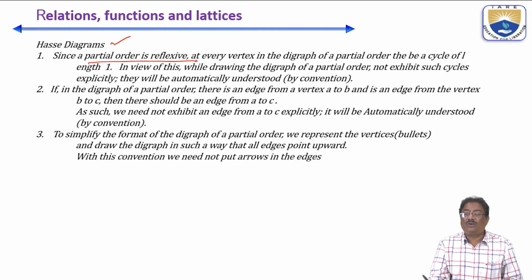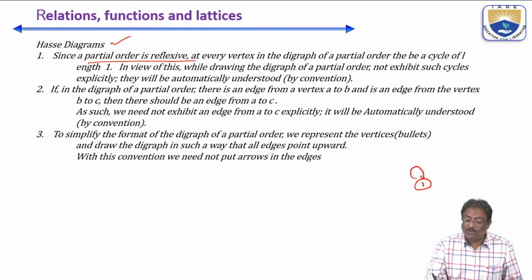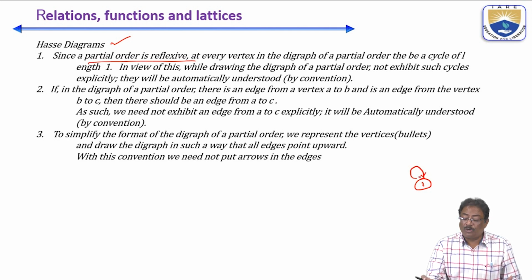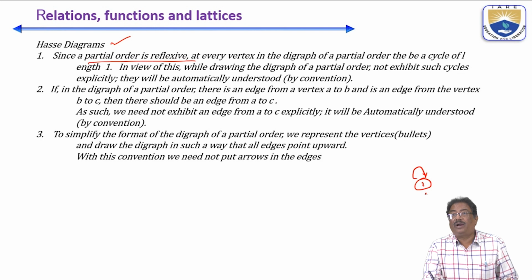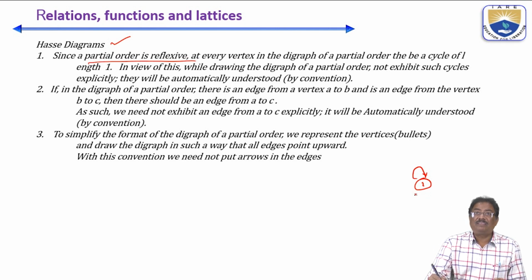Suppose 1 is related to 1 itself, then I would write a self loop. But here the self loop is not required, because the partially ordered relation is reflexive. So there is no necessity to explicitly mention a cycle.